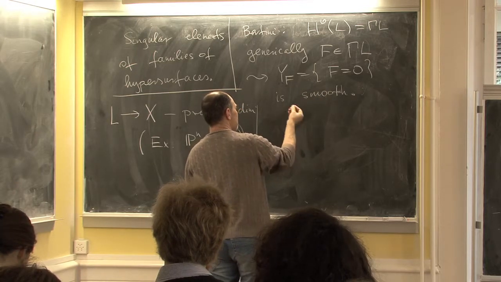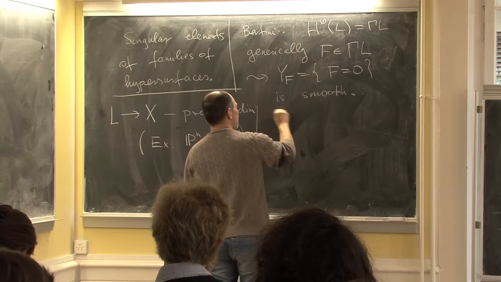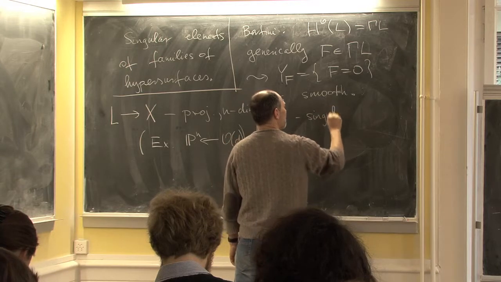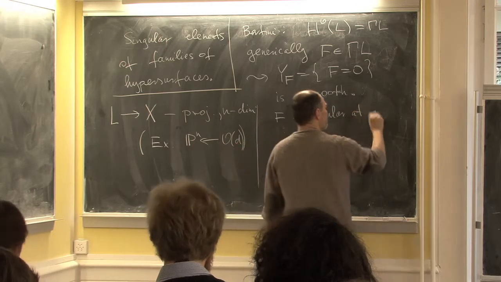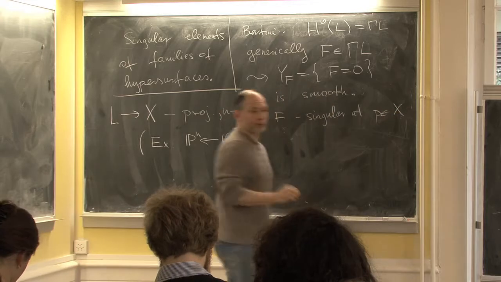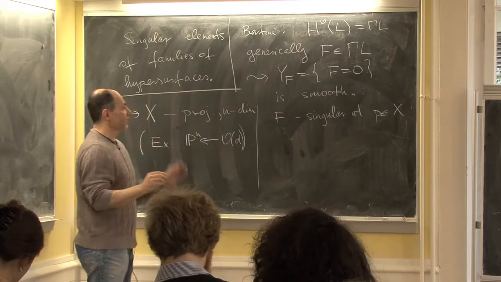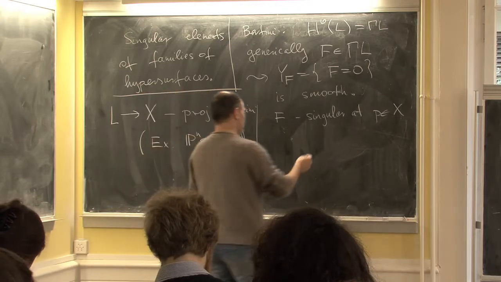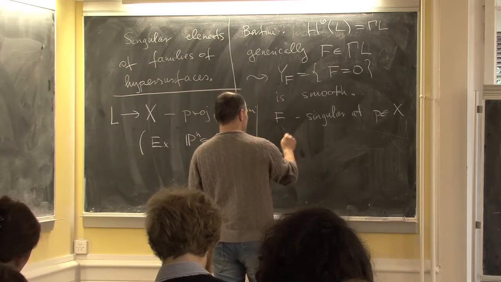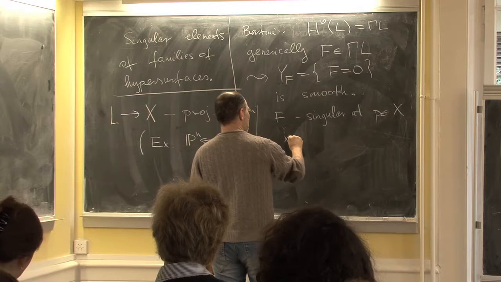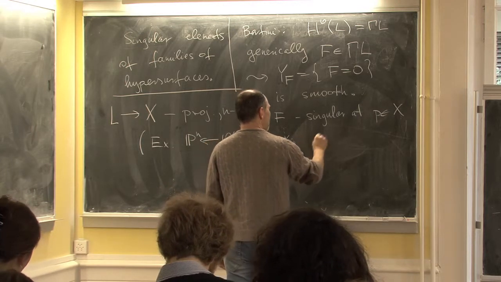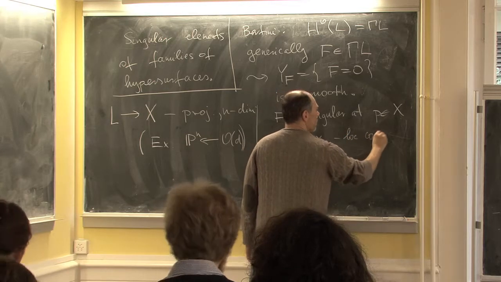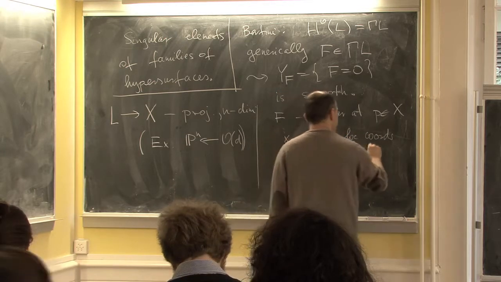Well, let's say F is singular at some point P in X, and we do the really naive thing, which is that we take this polynomial F and write down local coordinates, x1, etc., xn, near P.